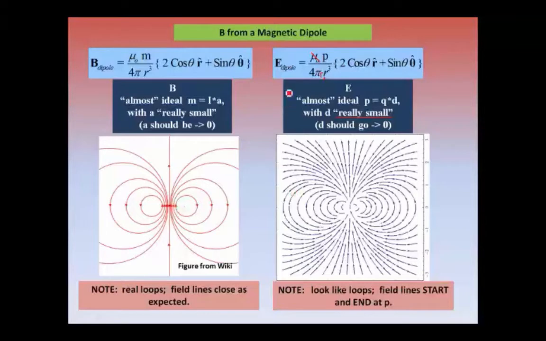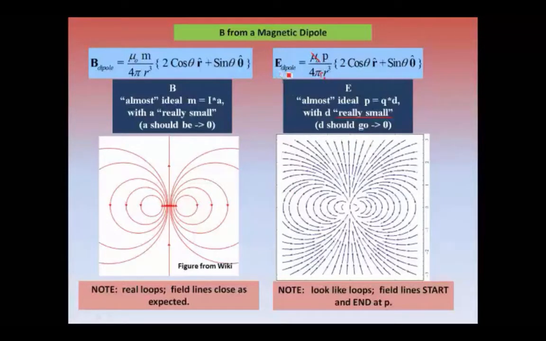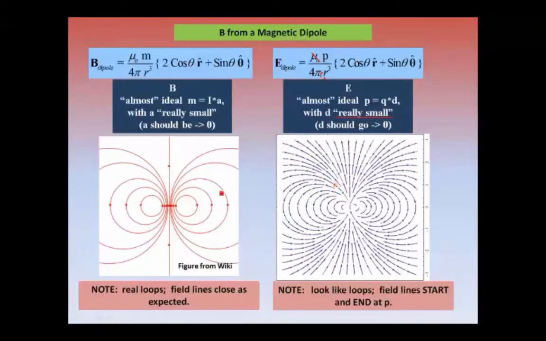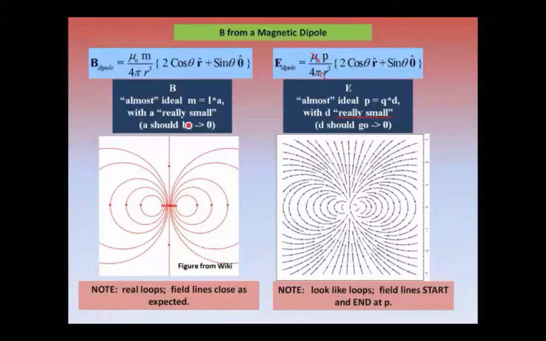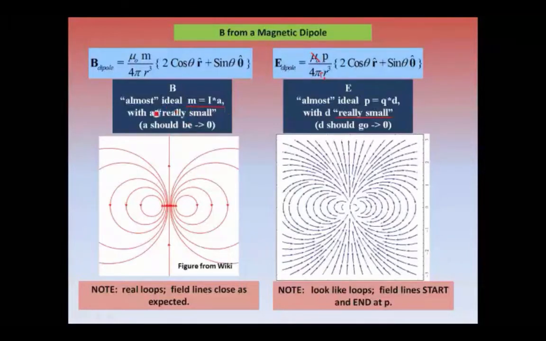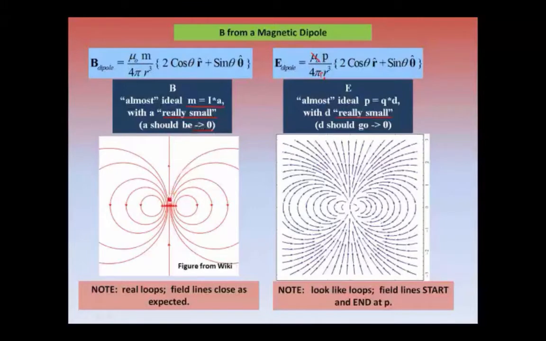These are the functions that we're plotting. This is E dipole, and this is B dipole. And these types of plots are called the streamlines of the vector field. So if we now do the magnetic field, this figure is from Wiki, and it's for a finite sized current loop. So remember, what we have is M equals IA. This is almost ideal, so you make the A very, very small, and it really should go to 0 for an ideal magnetic dipole.